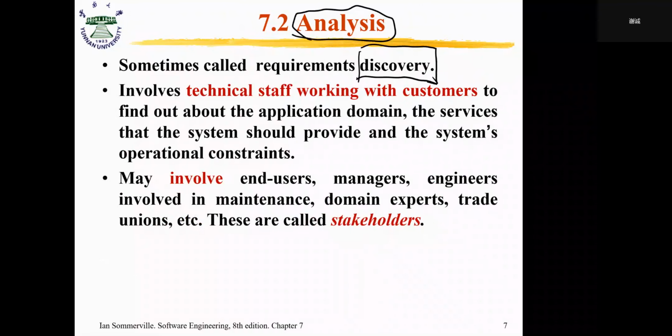Here there is a question. Because the project is something a customer asks you to do, why do we need to discover the requirements? Why can't the customer tell you the requirements?